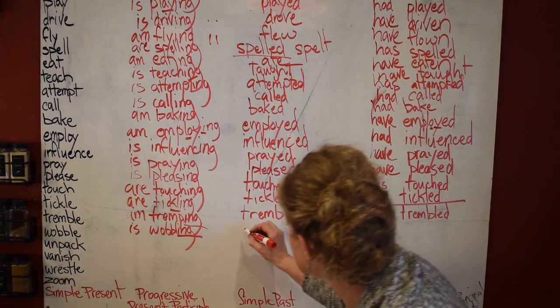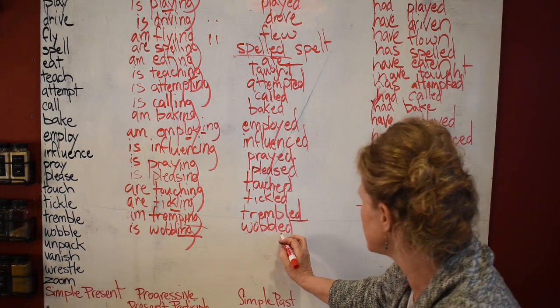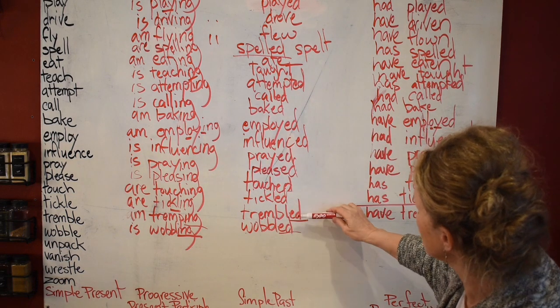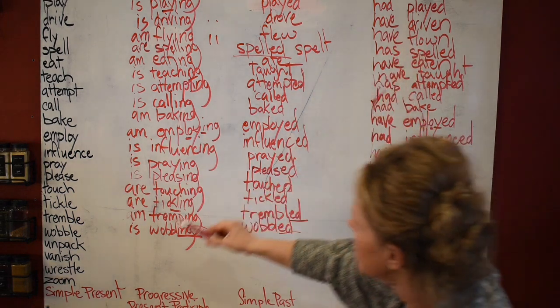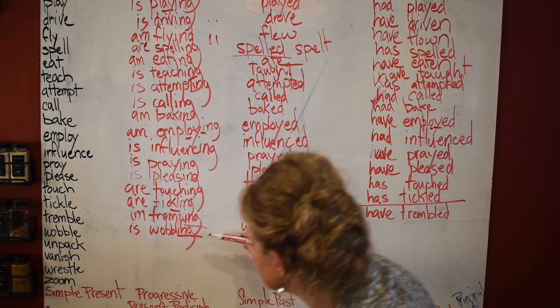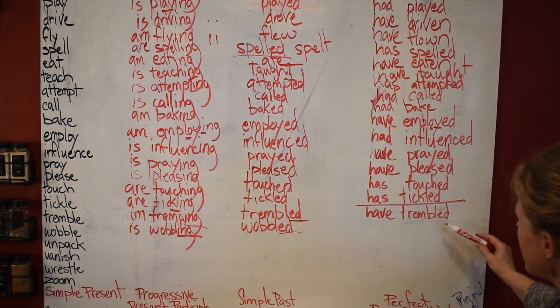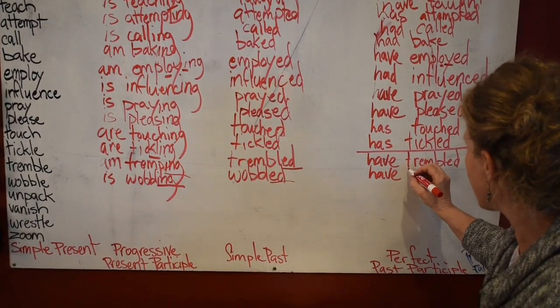Wobbled. You're going to drop the E and add on your past tense suffix. If it's right here, it's the third principal part. First principal part, second principal part, third principal part, and fourth principal part. Have wobbled.